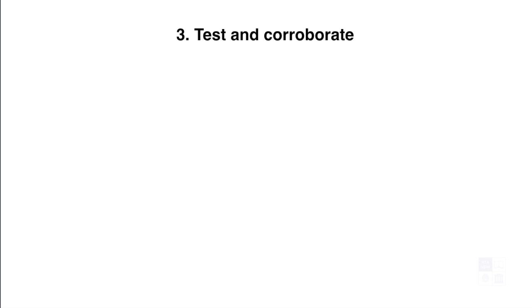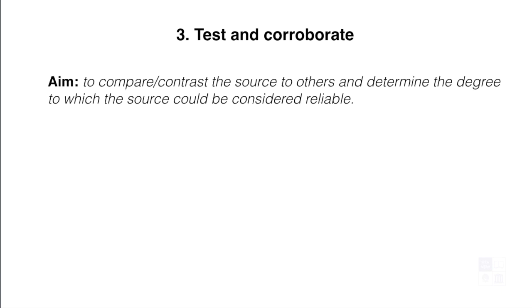Third job that we have is to begin to test and corroborate. And I think this is where the scaffold begins to get quite complicated. So what we're aiming to do here is compare and contrast the source that we're working with to others that we may have seen before or analyzed before, or actually compare and contrast it to the evidence we already have in our own memory and knowledge, and then begin to think about how that may impact our understanding of the reliability of the source.